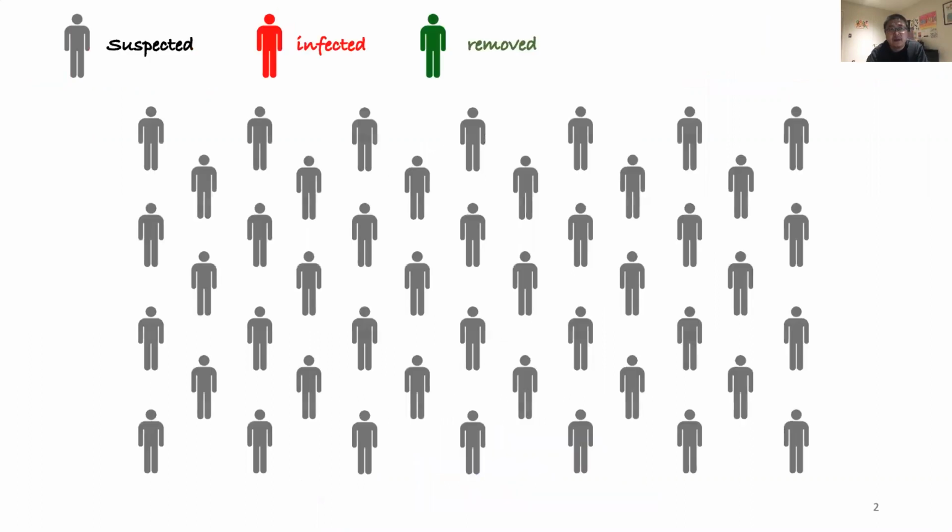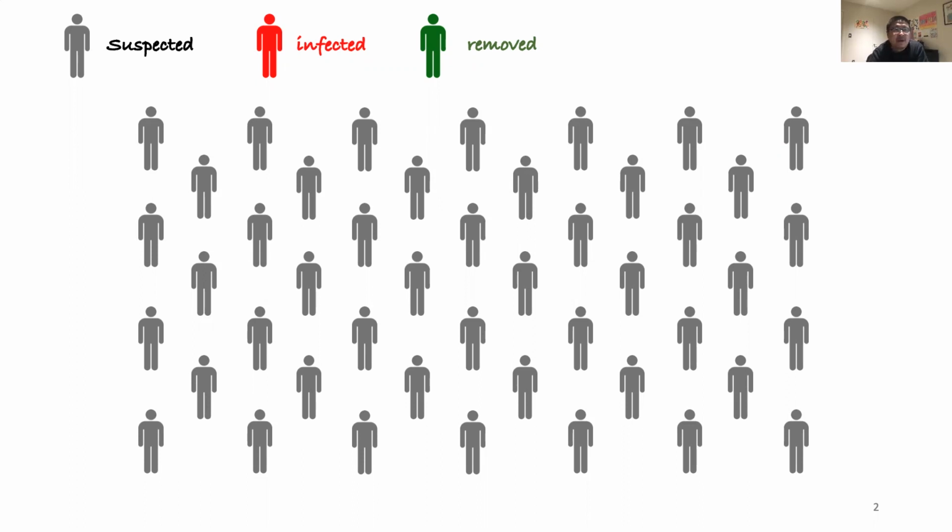First, we're going to talk about some conventional epidemiology-based compartment models. Compartment models partition the population into different compartments, for example, in the most basic susceptible, infected, and removed model, which is referred to as the SIR model.